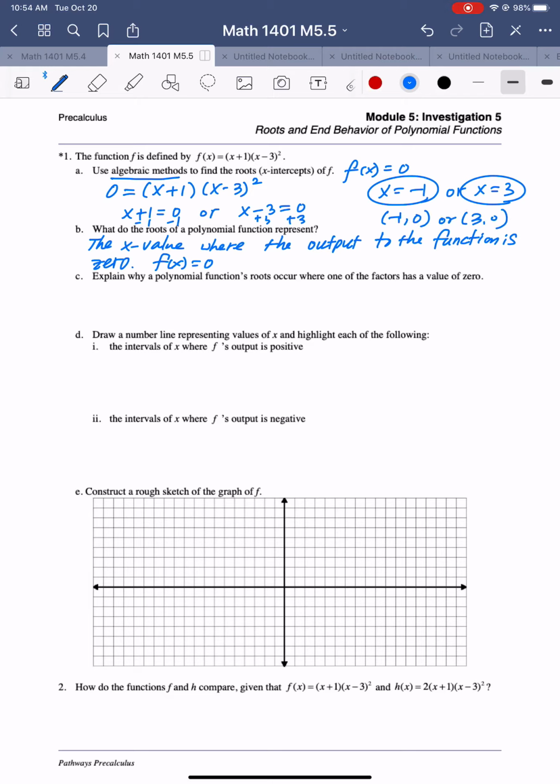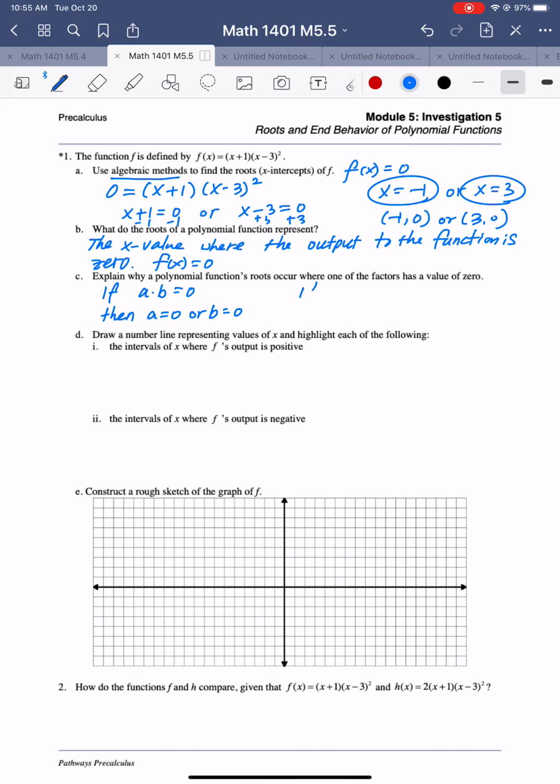Explain why the polynomial function roots occur where one of the factors has a value of 0. Because when you have a factored form, let's say if a times b equals 0, which means a must be 0 or b must be 0, right? Or a and b are both 0, right?